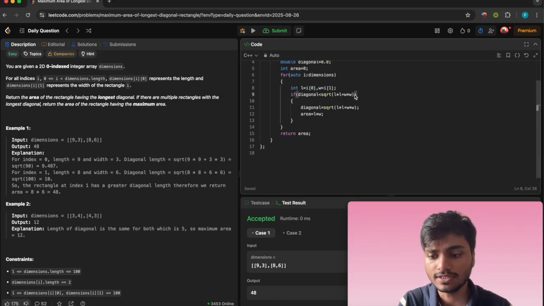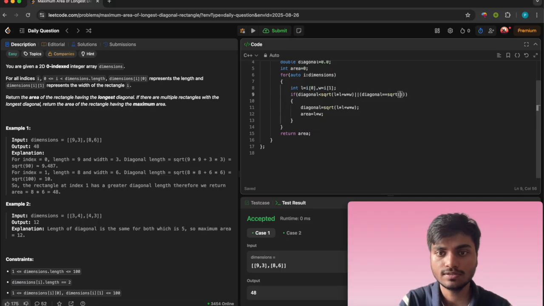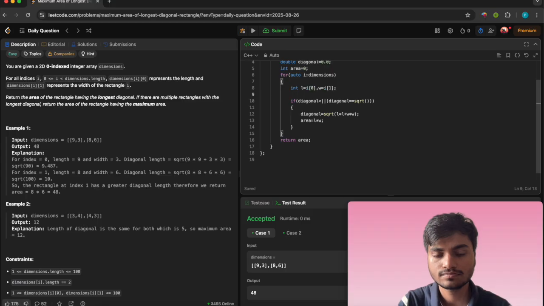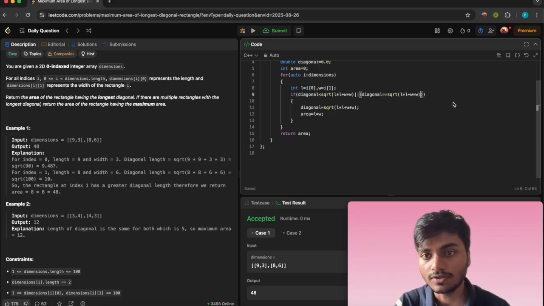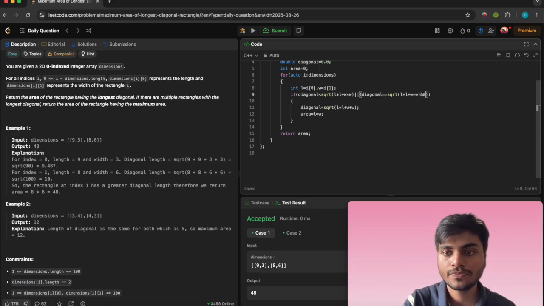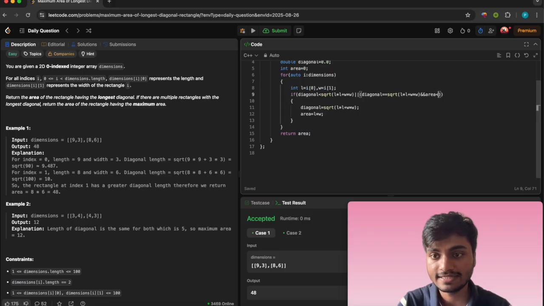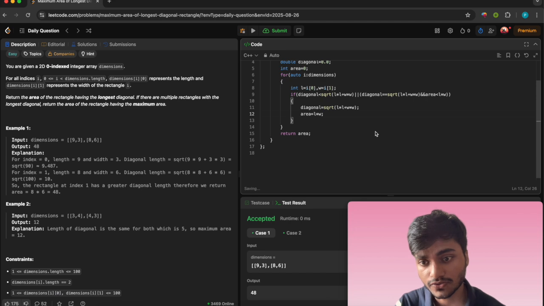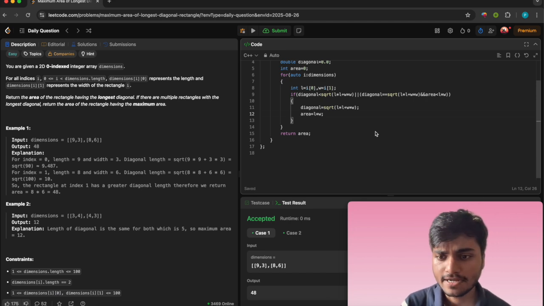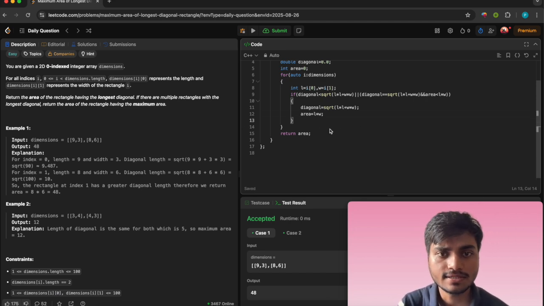So if it is equal and your area is lesser than L into W, then also you will update the area. I think this will run.